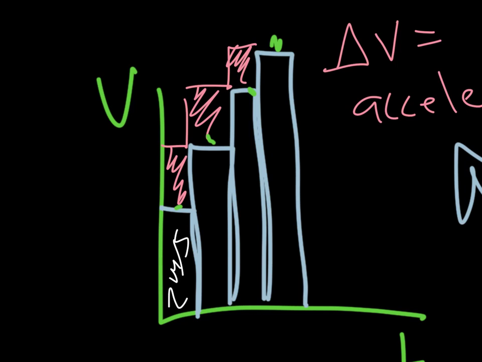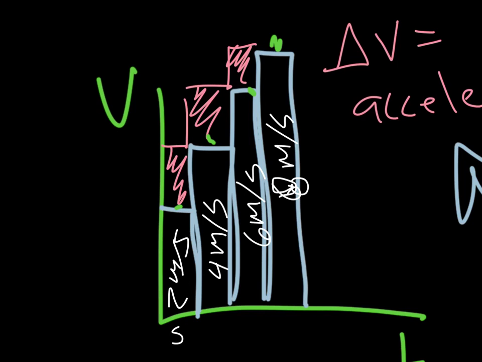Okay? Then I travel 4 meters per second. Then this next one is 6 meters per second. Then this next one is 8 meters per second. Okay? If those were the numbers, let's say each one of these is 1 second. That's a second, that's a second, that's a second, that's a second. So each one of those is 1 second.